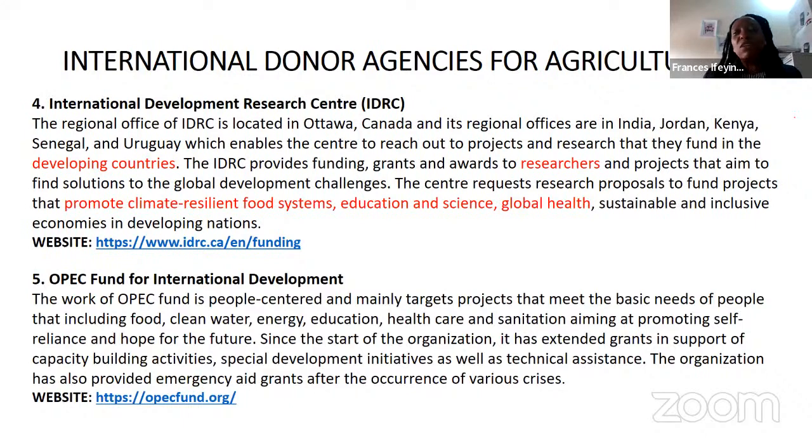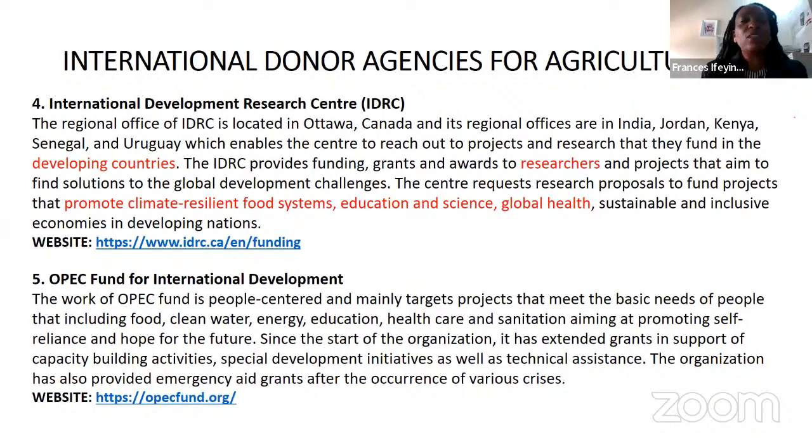They provide funding, grants, and awards to researchers and projects that aim to find solutions to global development challenges. The center requests research proposals to fund projects that promote climate resilient food systems. So they are focusing on climate resilient food systems, education and science, global health, sustainable and inclusive economies in developing nations.